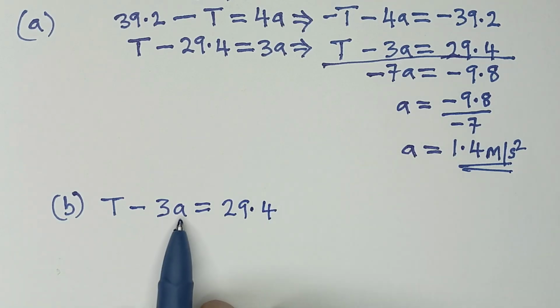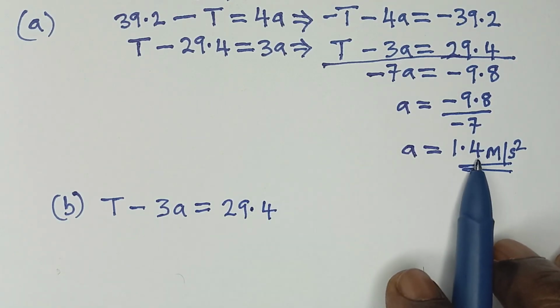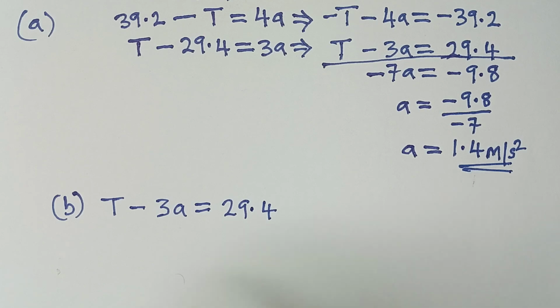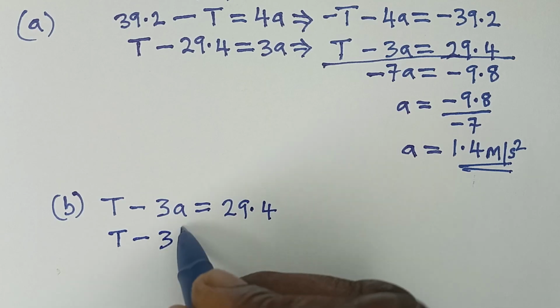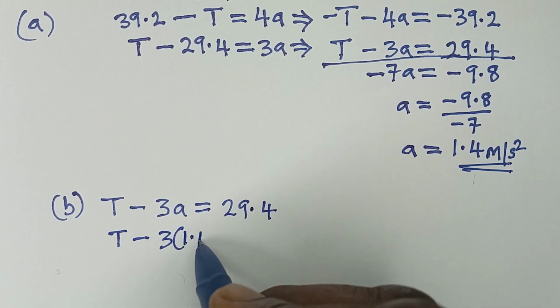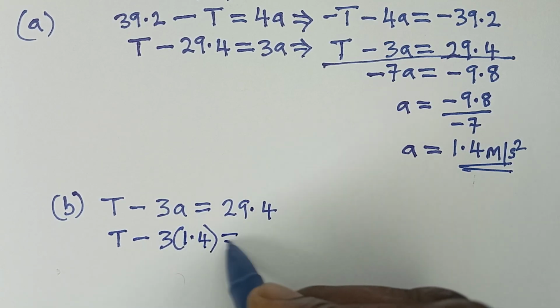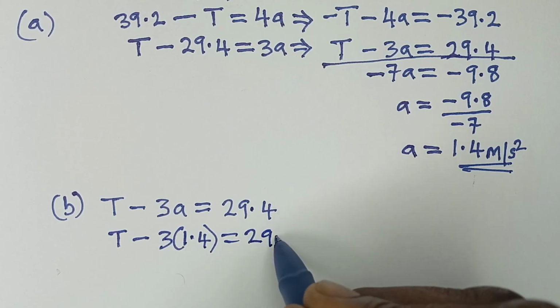So in place of A, let's substitute 1.4 since we already know the value of A as 1.4. So I'm going to say T minus 3 multiplied by 1.4, and that will be equal to 29.4.